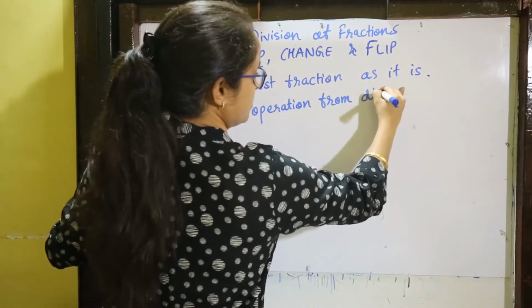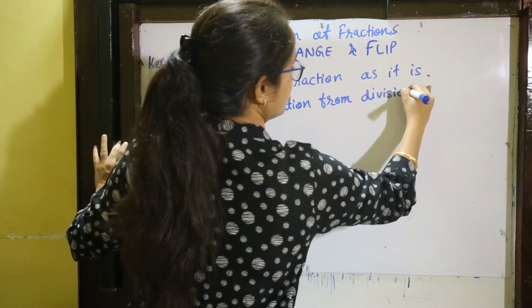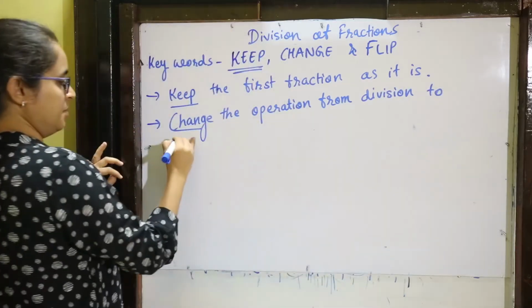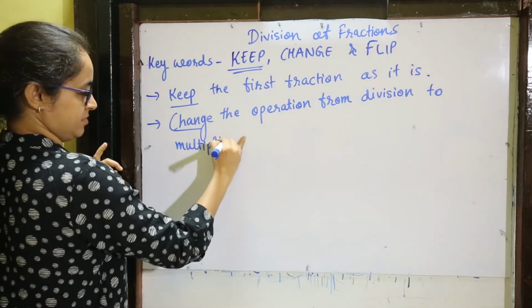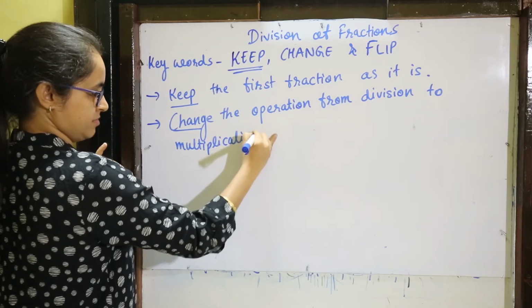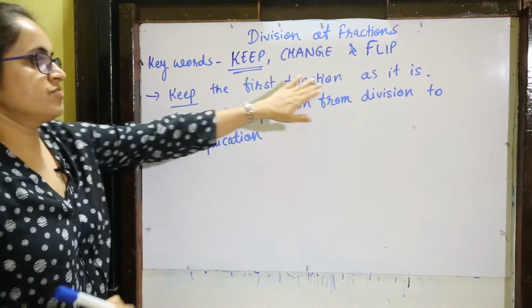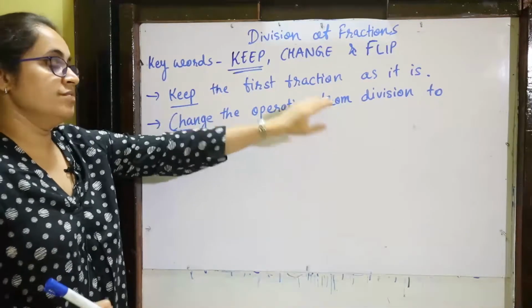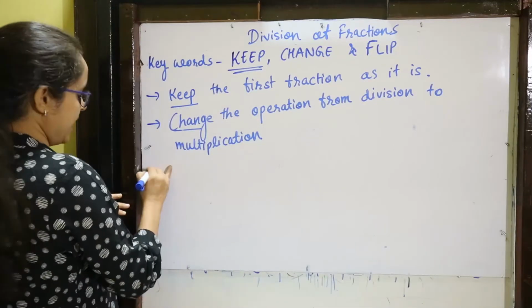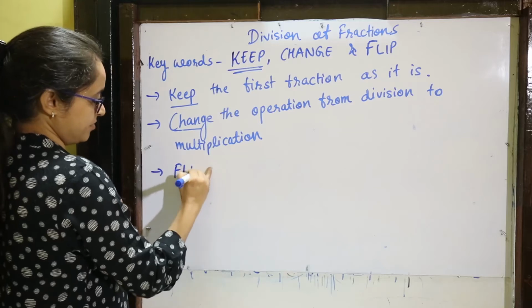Please write along with me. Division to multiplication. Keep the first fraction as it is, change the operation from division to multiplication. And the last one is flip.